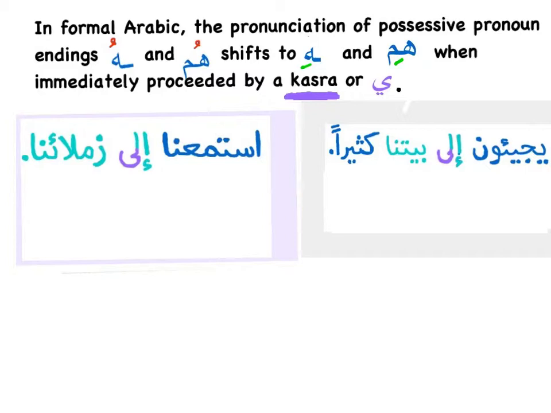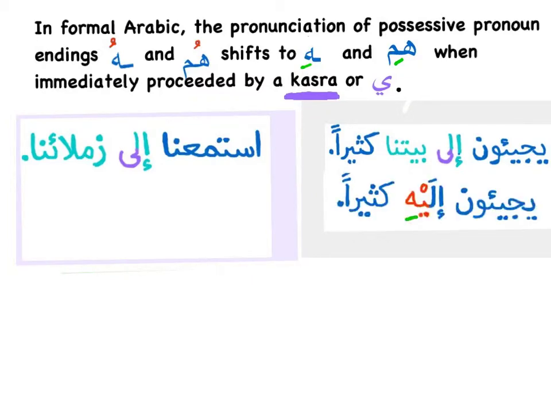So when we replace بيتنا, the equivalent of بيتنا in the pronoun world is هو, so we would say يجيئون إلى. So يجيئون إلى بيتنا كثيرا, we said that بيتنا is replaced, if we are referring to it as a pronoun, it would be هو, who with a dhamma, but since there is an إلى, we cannot put a dhamma, it has to go and becomes a kasra.